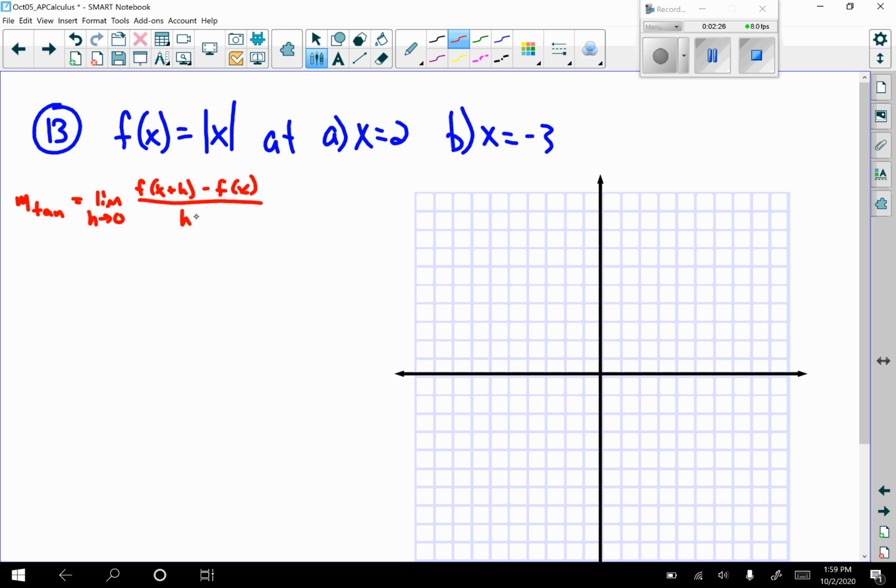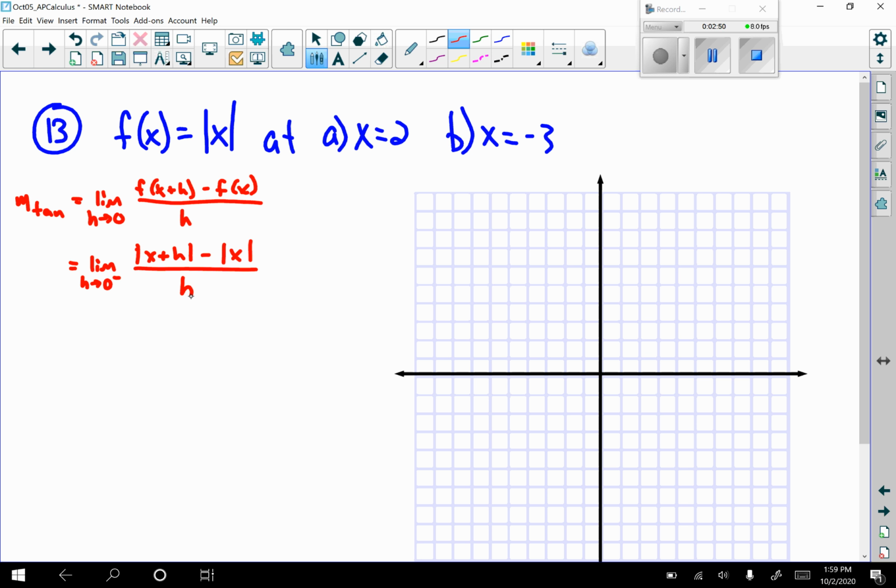Well, if you picture the graph of the absolute value function, which is going to be the second way I'm going to show you how we can look at this, I want to take this from two different sides of 0. So if we were to look at h approaching 0 from the left of the absolute value of x plus h minus the absolute value of x all over h, we need to remove these absolute value bars.